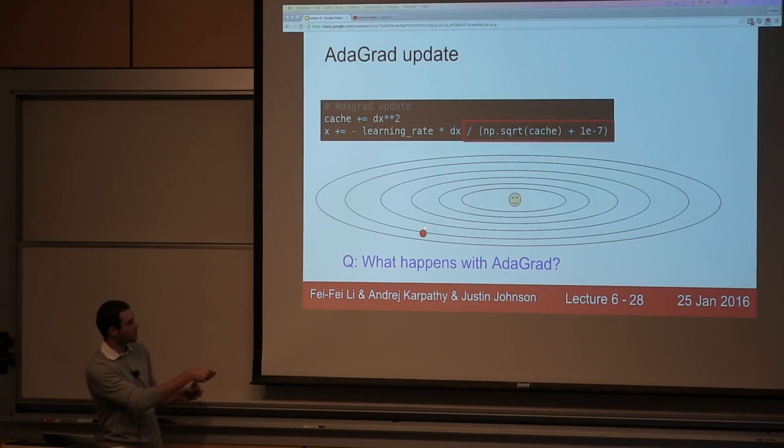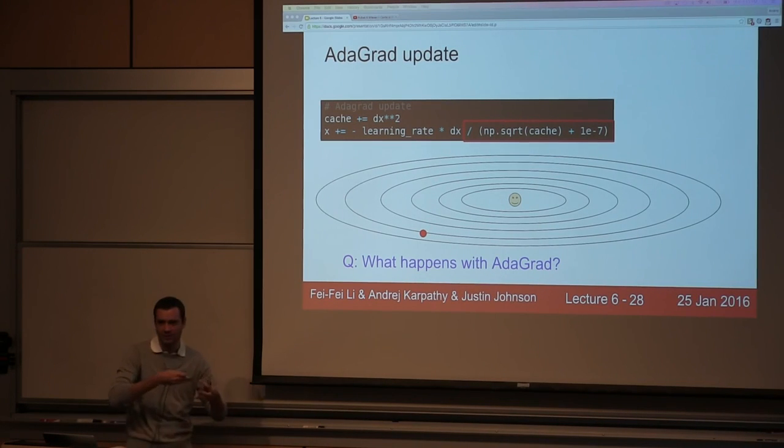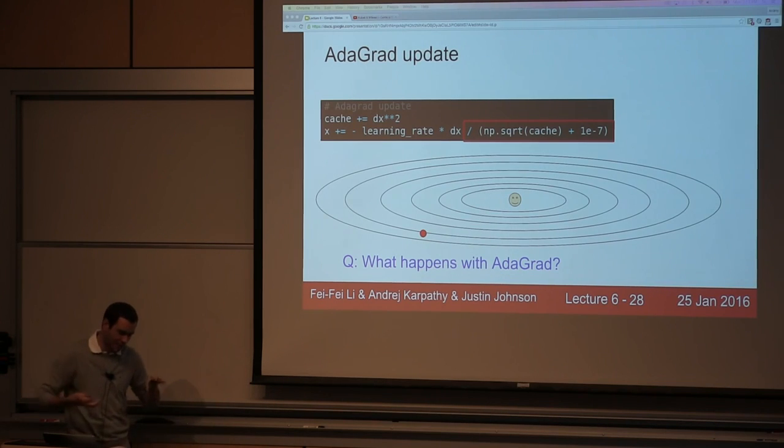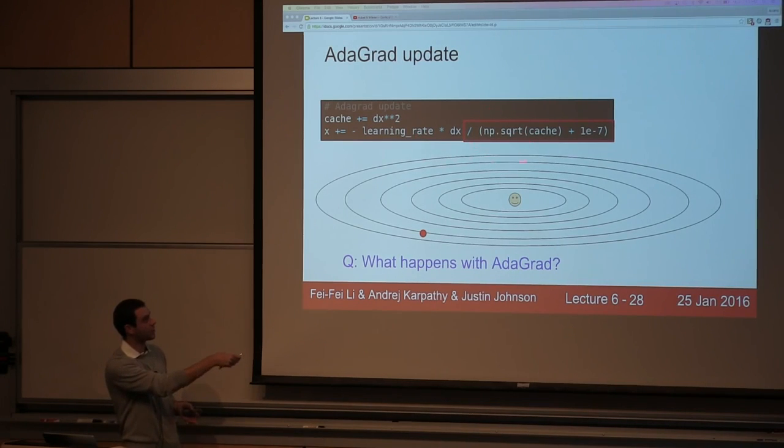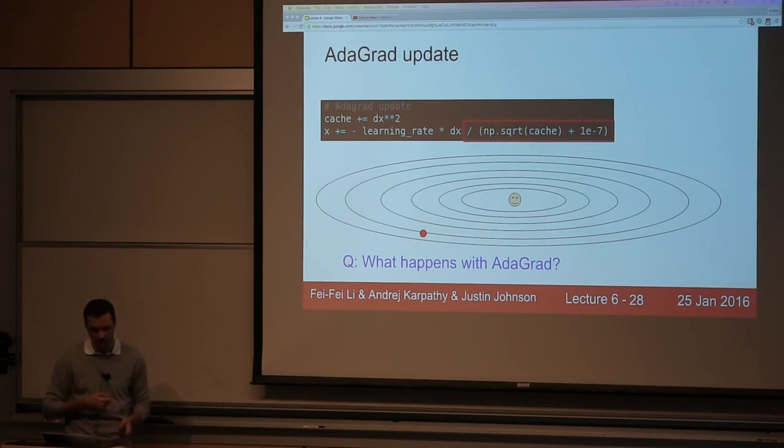Since we're seeing lots of large gradients vertically, this will decay the learning rate there. But in the horizontal direction, it's a very shallow direction, so we end up with smaller numbers in the denominator, and relative to the vertical dimension, we're going to make faster progress. So we have this equalizing effect accounting for steepness, and in shallow directions you can have a much larger learning rate than in the vertical directions.